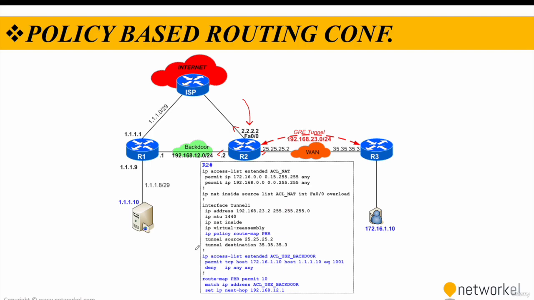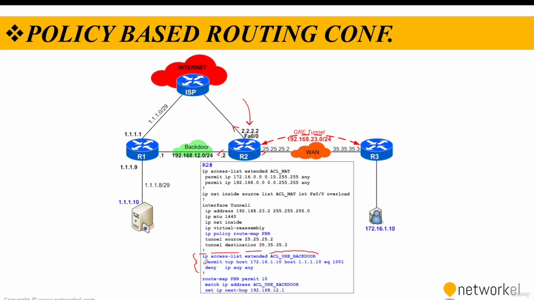So if I want to configure policy-based routing on Router 2, first of all, I need to define my ACL to match the criteria for the specific PBR. How am I doing it? First, I am typing ip access-list extended with a name, ACL use vector. So basically I'm defining an extended access list here.